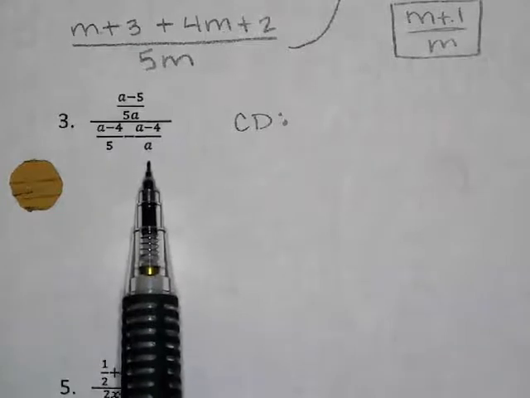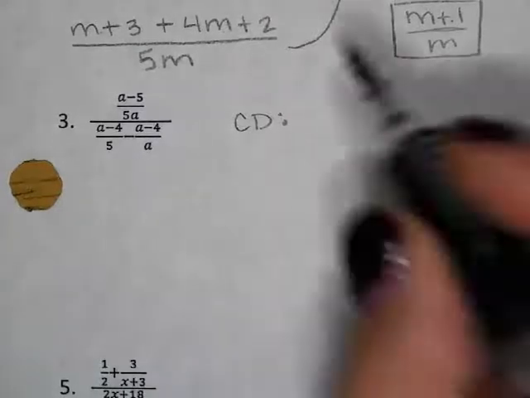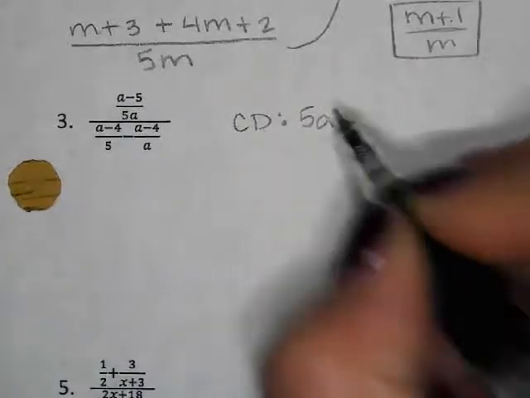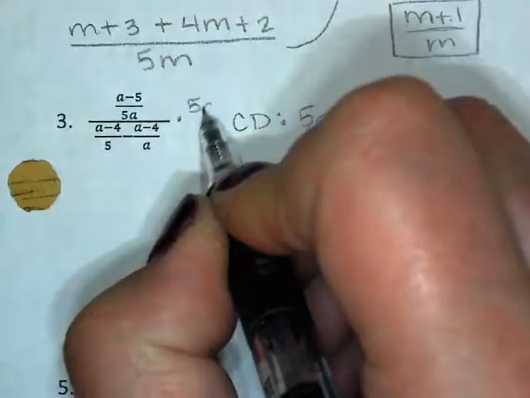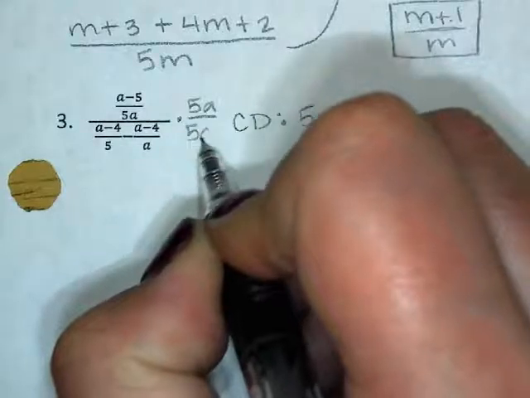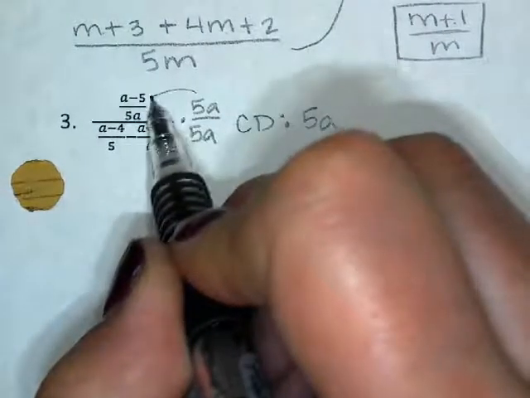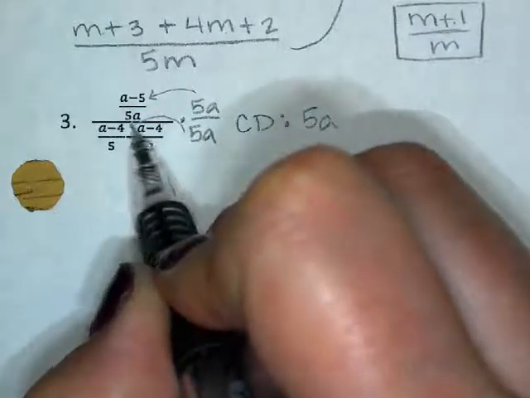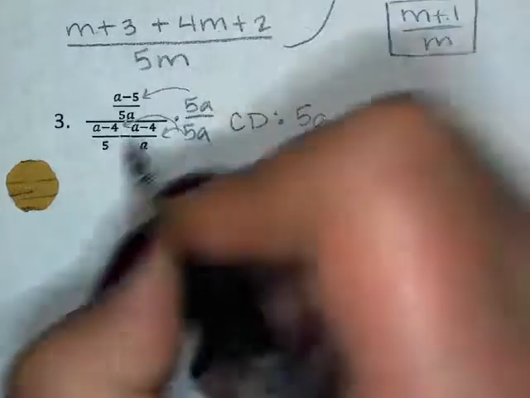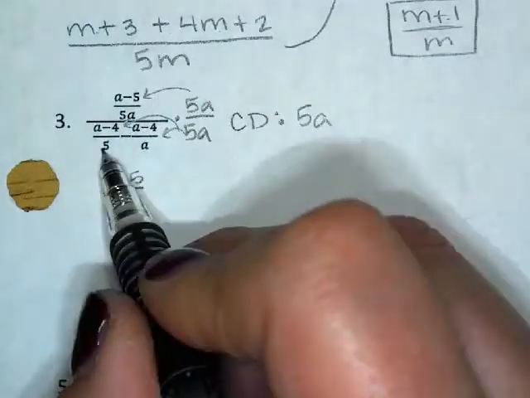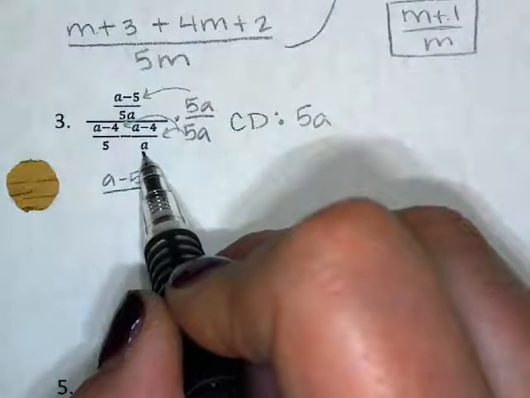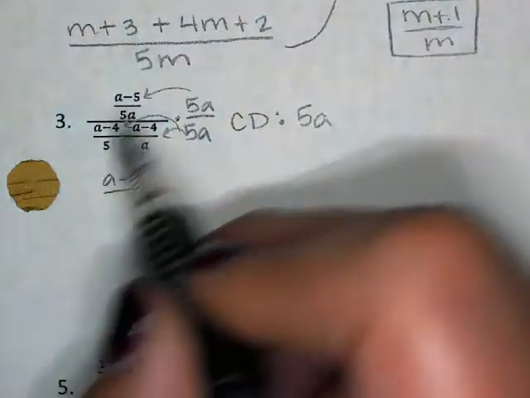So I'm going to multiply by 5a over 5a, and then I'm going to multiply it by each piece. One of them has a 5, one of them has an a. And so because of that, we need a 5, we need an a, and then the other one just has 5a altogether.